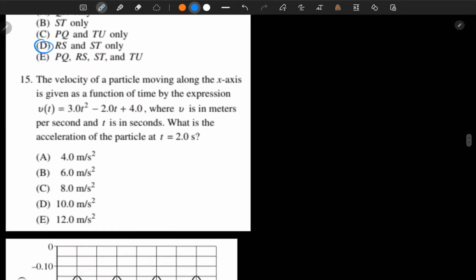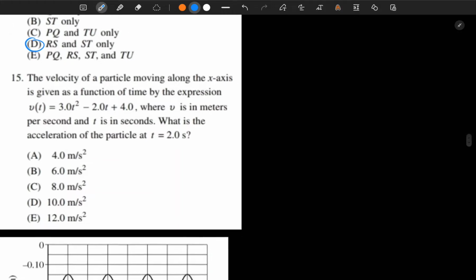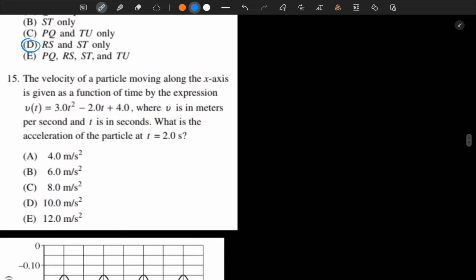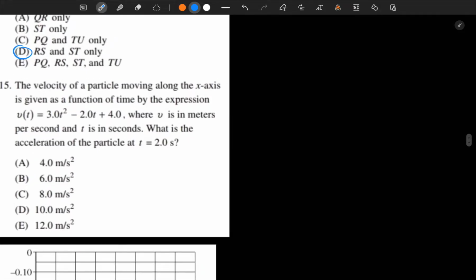Then let's assume that the velocity of a particle moving along the x-axis is given as a function of time by the expression v of t is equal to 3t squared minus 2t plus 4, where v is in meters per second and t is in seconds. We wish to find the acceleration of the particle at time t equal to 2 seconds. Well, we know how to find the acceleration from the velocity.